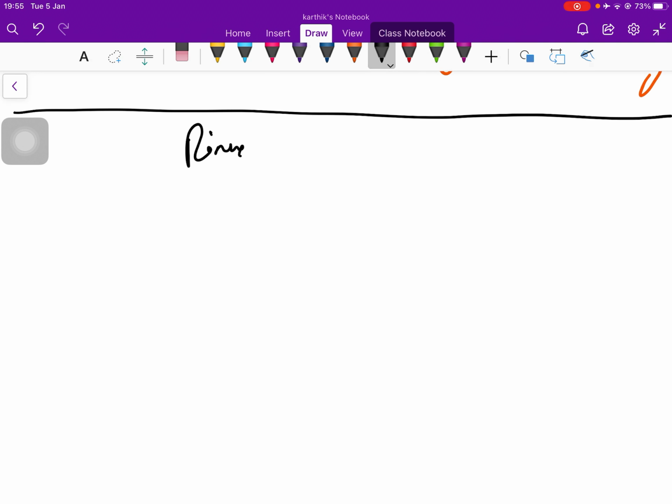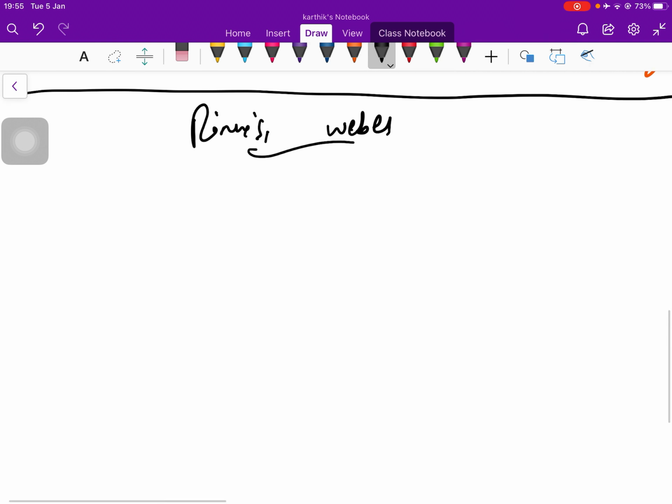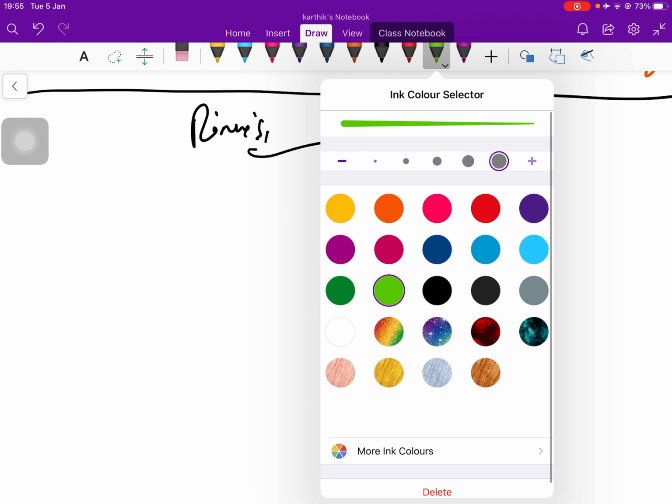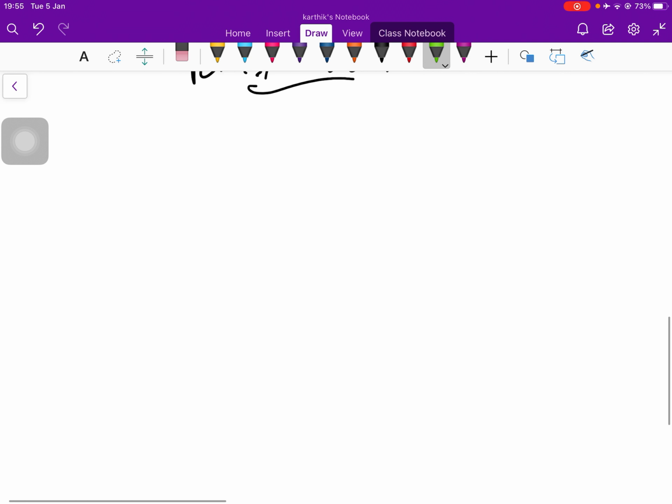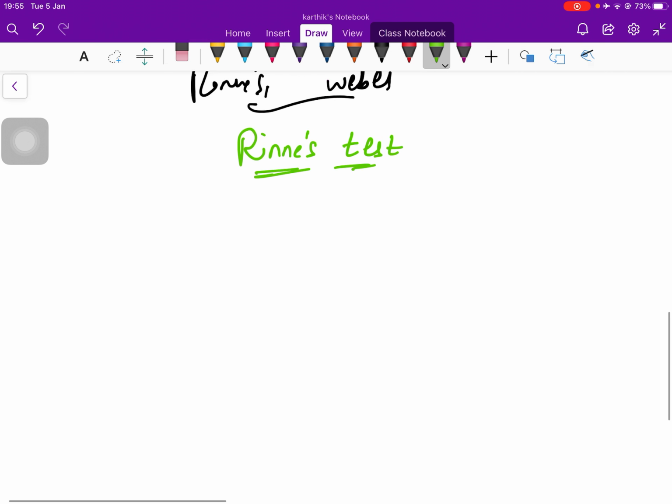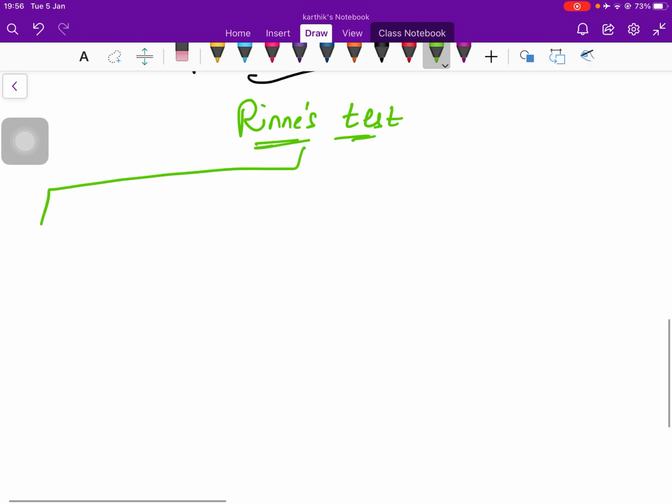Everyone knows about Rinne's and Weber's. First we will see Rinne's test, then we will look into Weber's test. Rinne's test can be positive or negative.